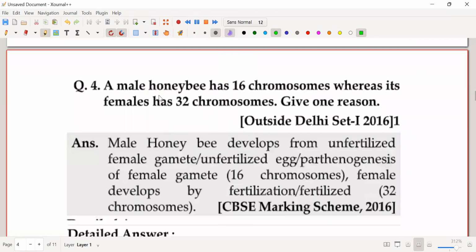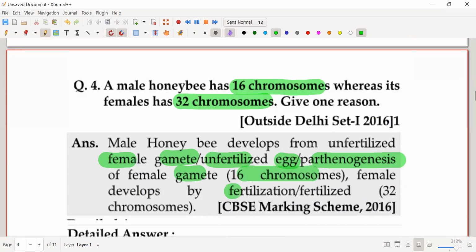Next, a male honeybee has 16 chromosomes, whereas a female has 32 chromosomes. Give one reason. The male honeybee develops from an unfertilized female gamete, or unfertilized egg, by parthenogenesis, so it has 16 chromosomes.